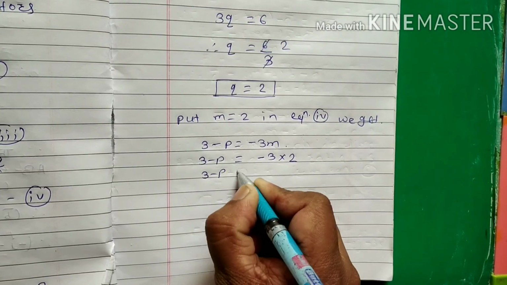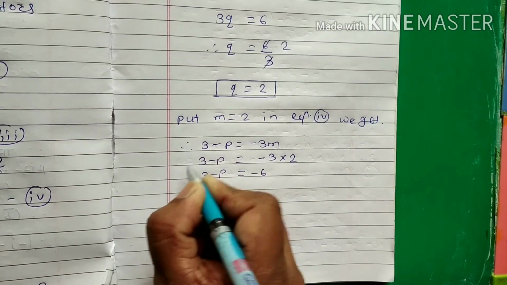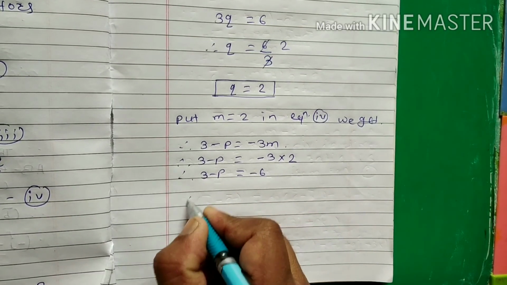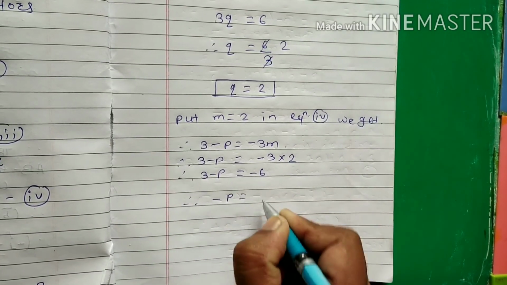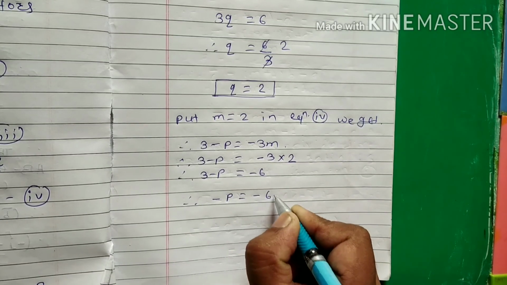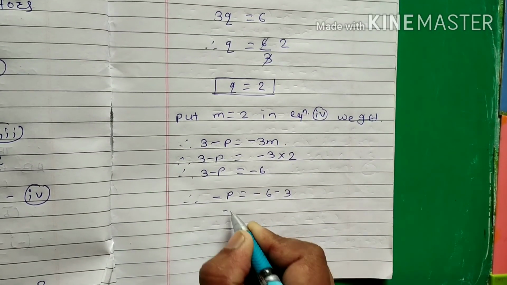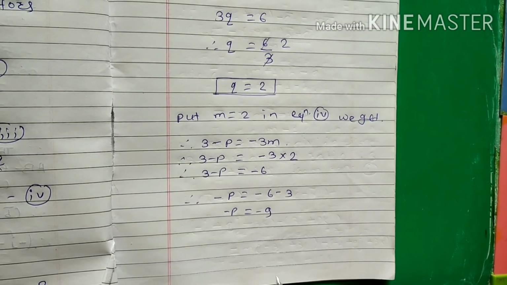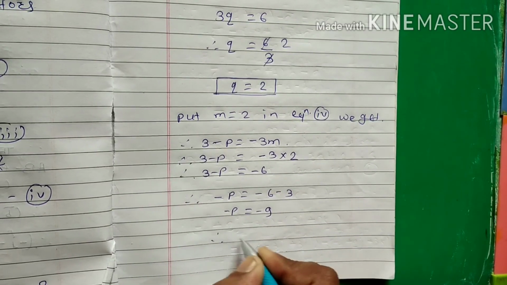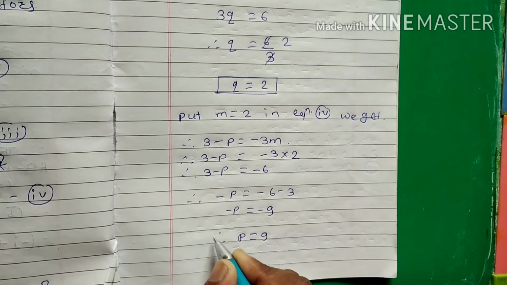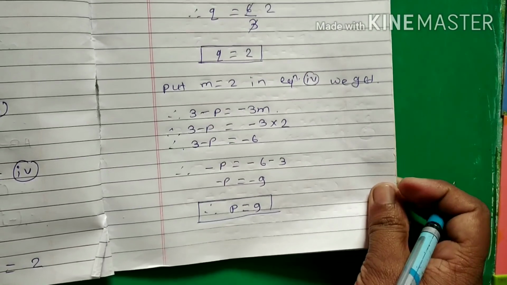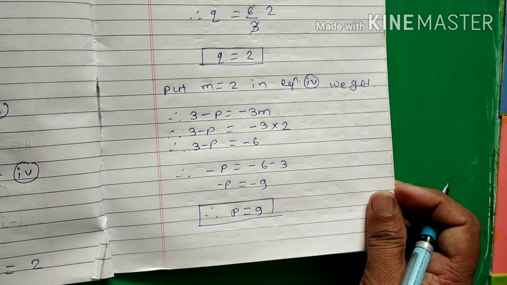Therefore 3 minus p is equal to minus 6. Therefore minus p is equal to minus 6 minus 3. Therefore minus p is equal to minus 9. We multiply both sides of the above equation by minus 1. We get the value of p is equal to 9.